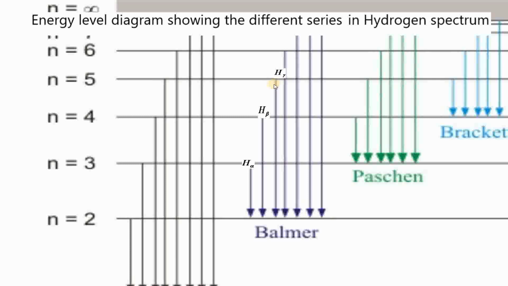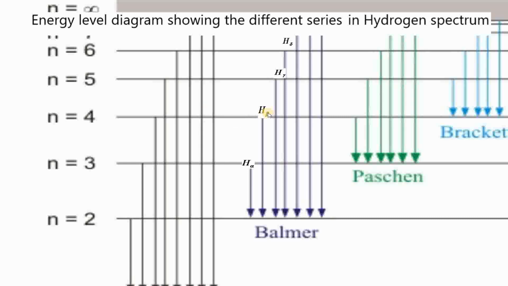And the fourth line is due to the electronic transition from n equal to 6 to n equal to 2, and this line is called the H delta line. All the 4 prominent lines are seen in the visible region of the electromagnetic spectrum.